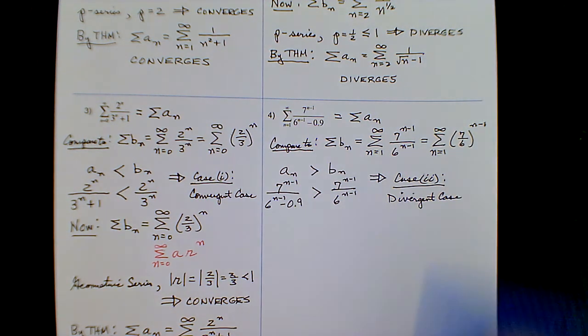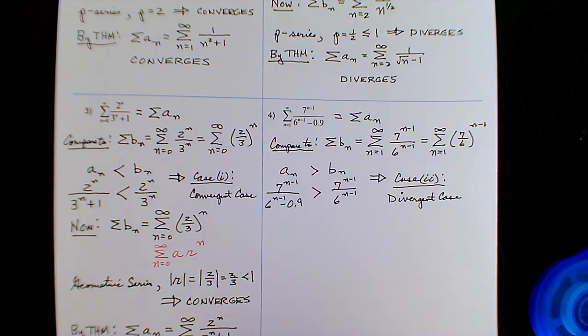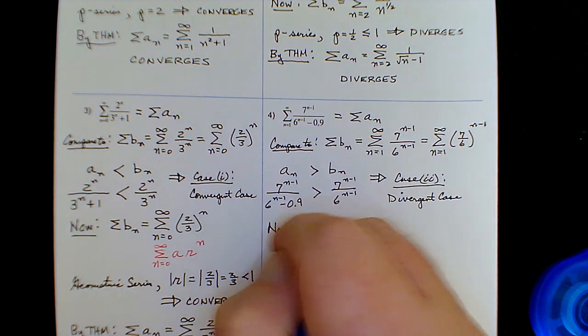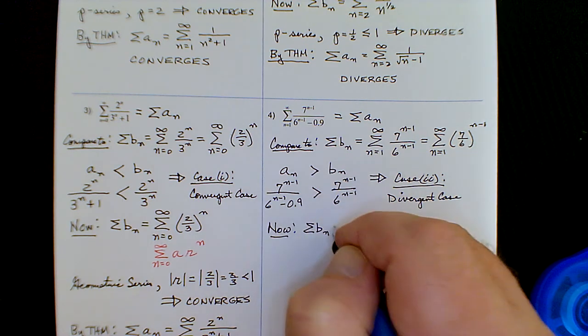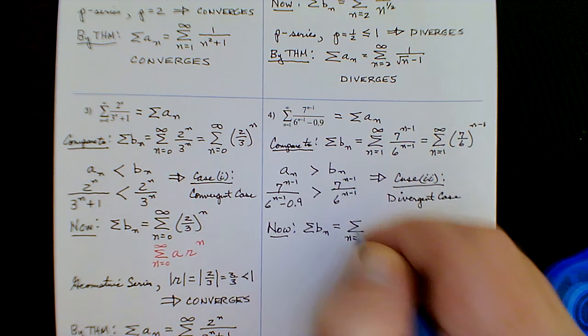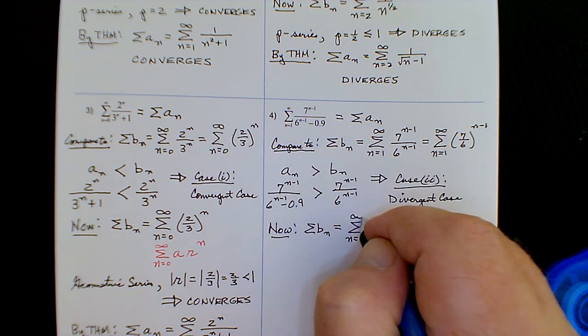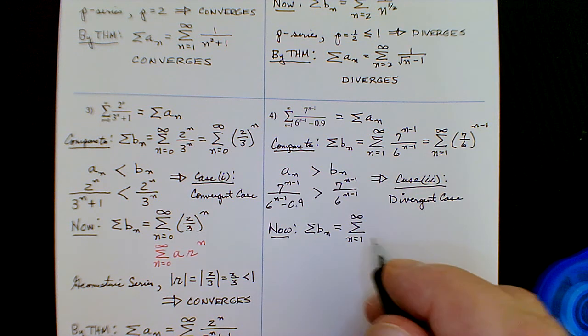Okay, so now all we need to do is show that the sum of the b sub n diverges, and if it does, then together with what we've previously established, we'd be able to say that our series diverges.